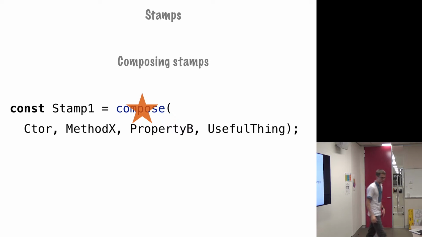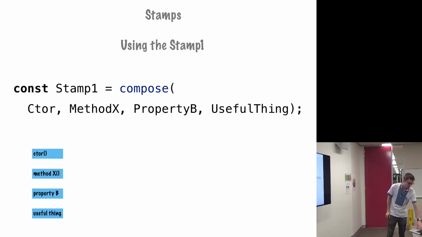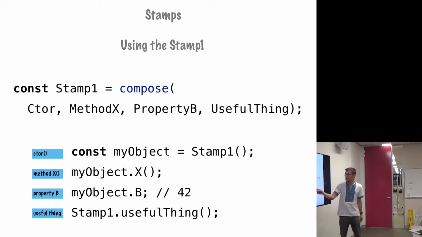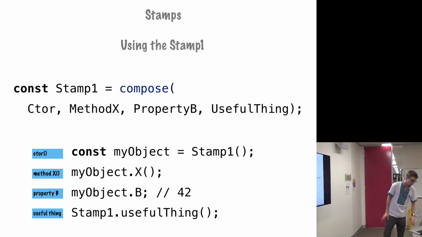It distinguishes between them. And this means that stamp1 will behave like this. When I create stamp1, this constructor will be executed. I can access method x and property b from the object instance, and then from the stamp itself I can access the useful thing. It's kind of a multiple inheritance. Not really. There are more.